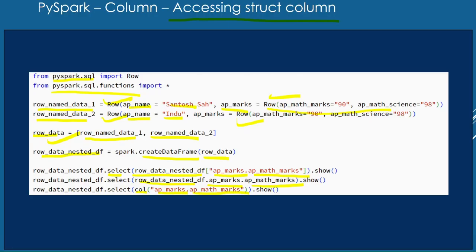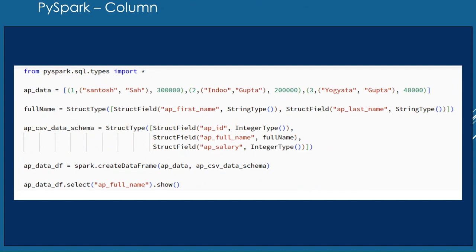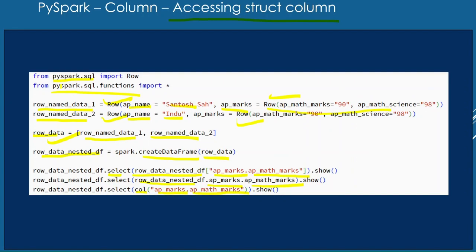Let's go to the PPT. In this example, we are trying to figure out how we can select a column from the struct type column. This exercise and the previous exercise are both the same.